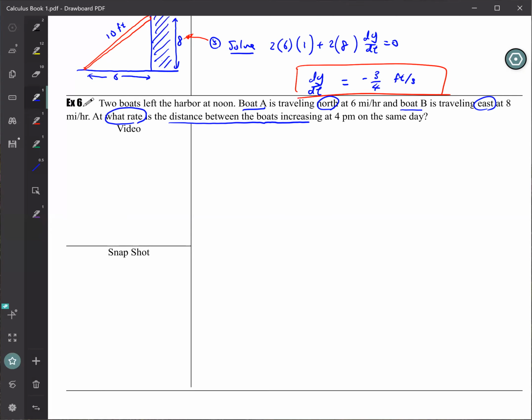Okay, if you have the final answer, you can raise your hand. I'm gonna go ahead and draw the pictures, and then you can take a look if it's the same as yours. So we have the harbor. Boat A is traveling north. Boat B is traveling to the east. Boat B is going faster, right? So I'm gonna draw it longer.